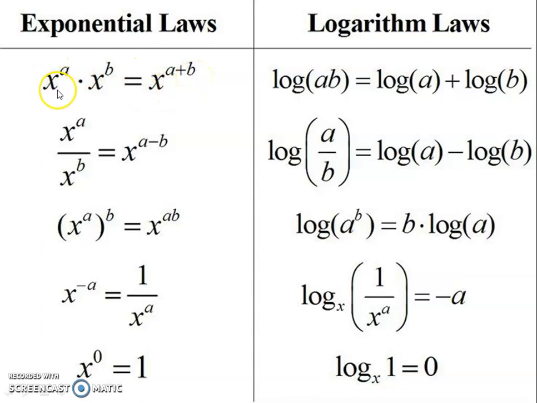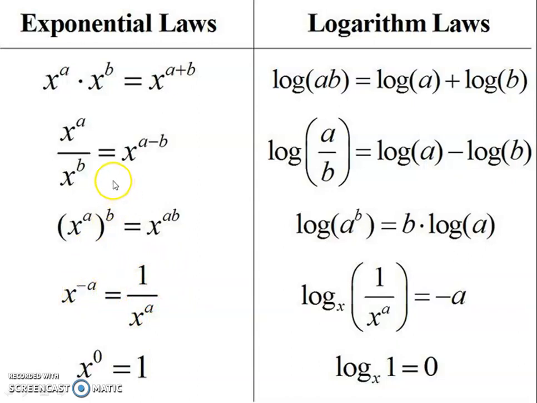That means if the base is the same, then the indices are added because a multiplication symbol is there. Now the next property: x raised to minus a is equal to 1 upon x raised to a.